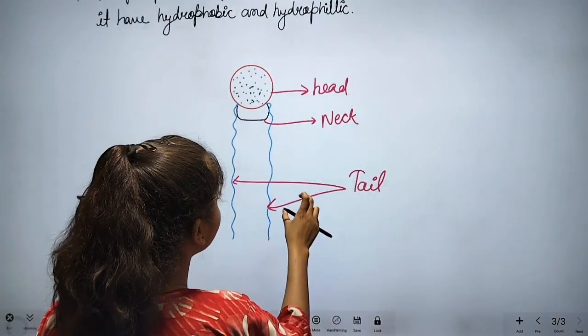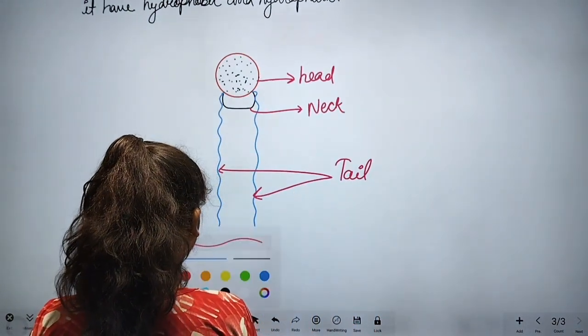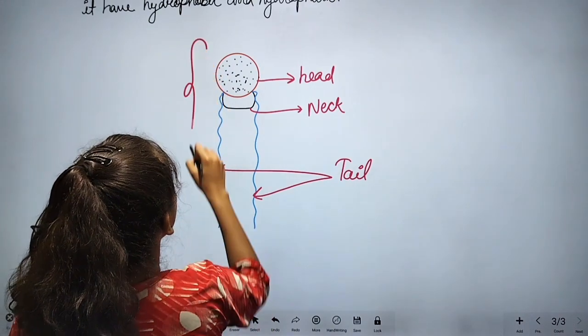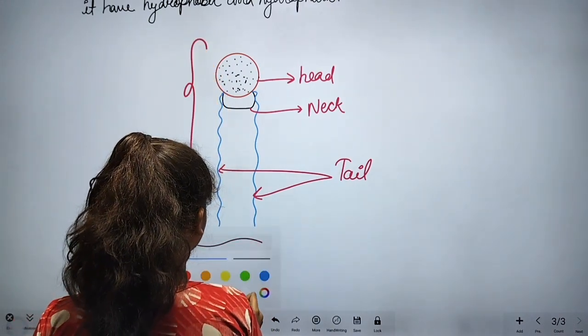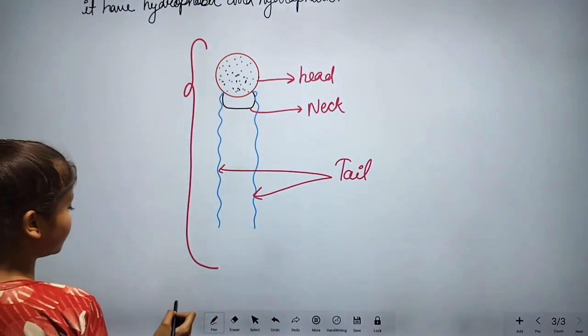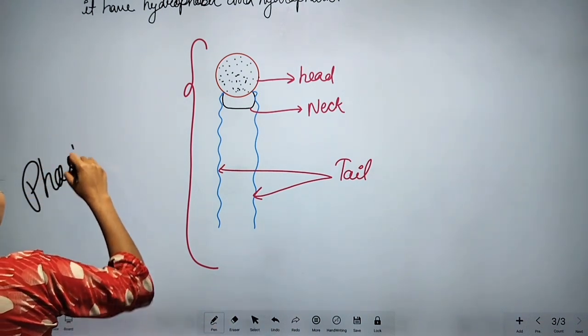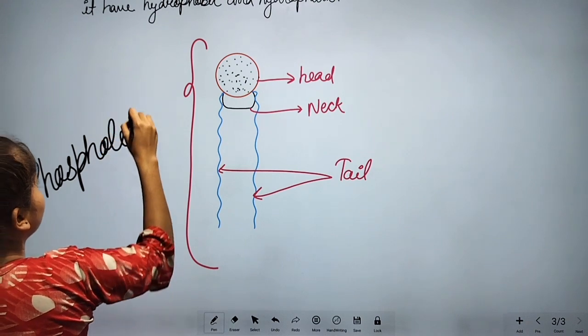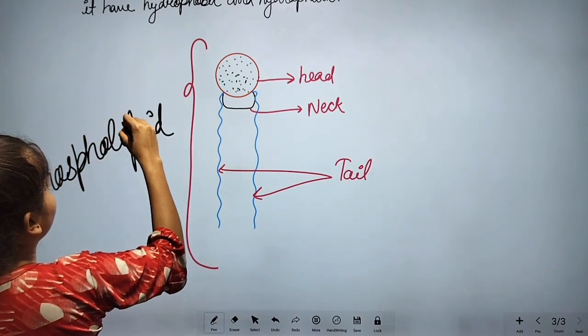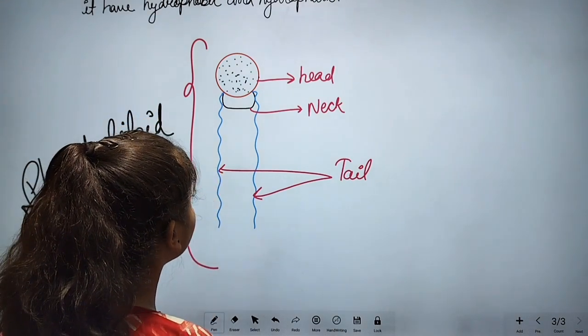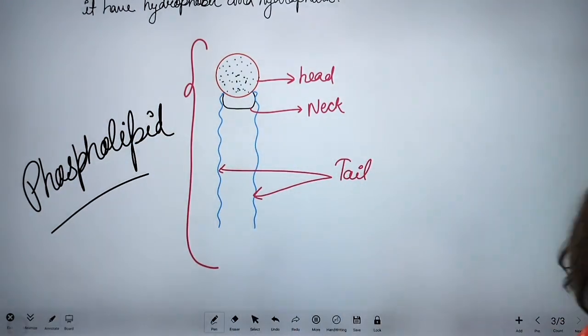Okay. And this whole structure is what? Phospholipid. Okay, this one is phospholipid, this one is the head, and after that the neck and tail.